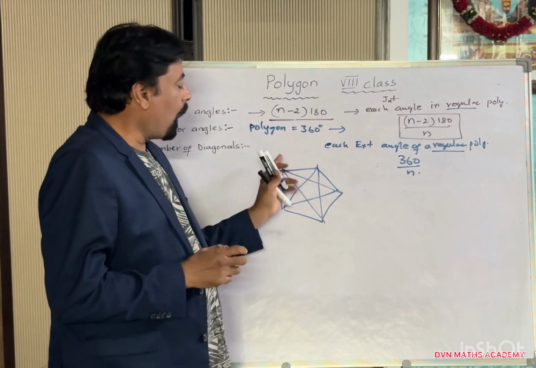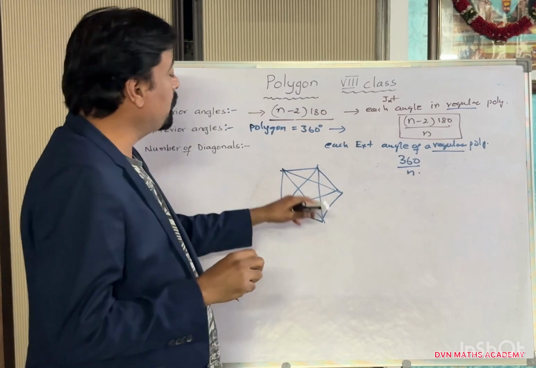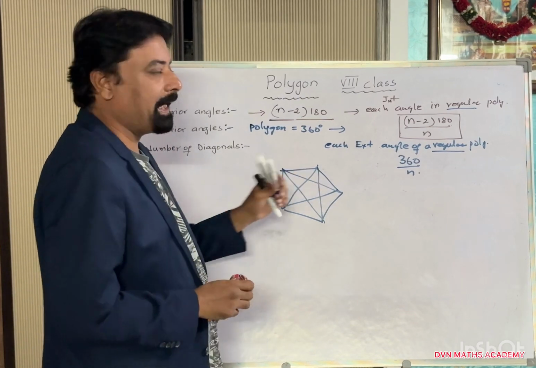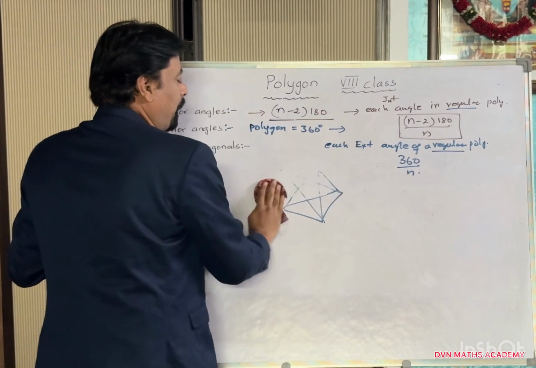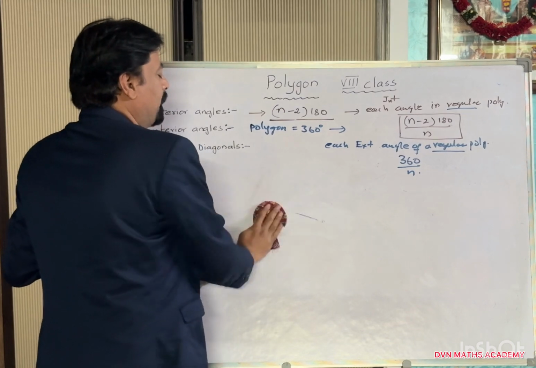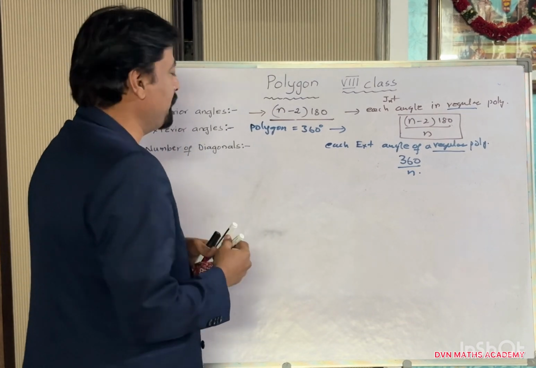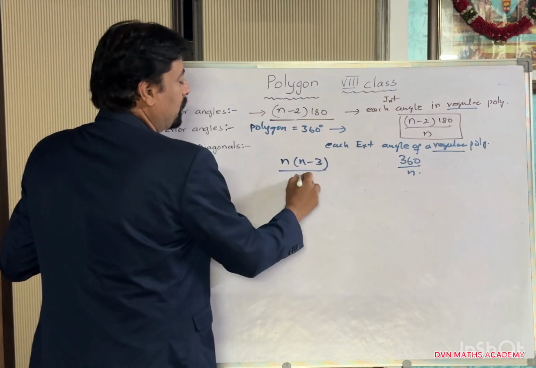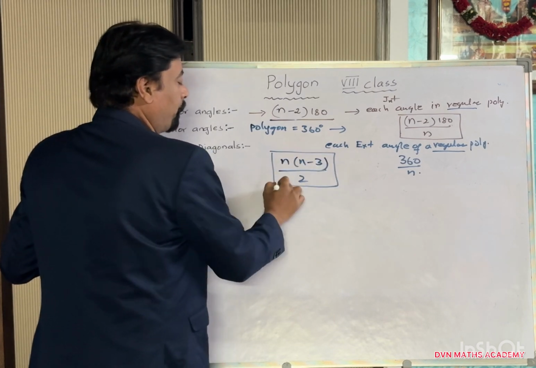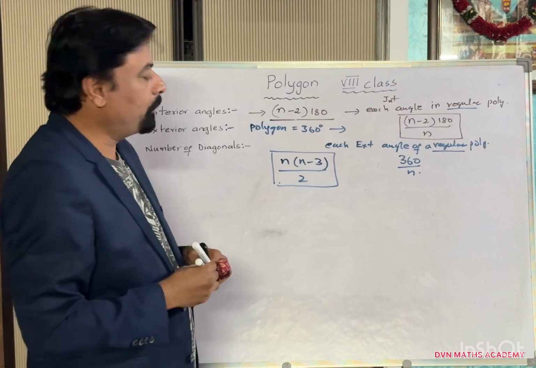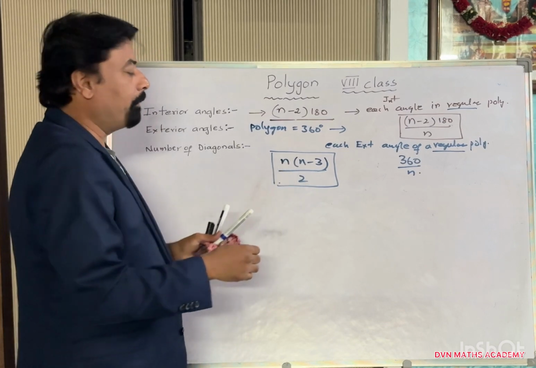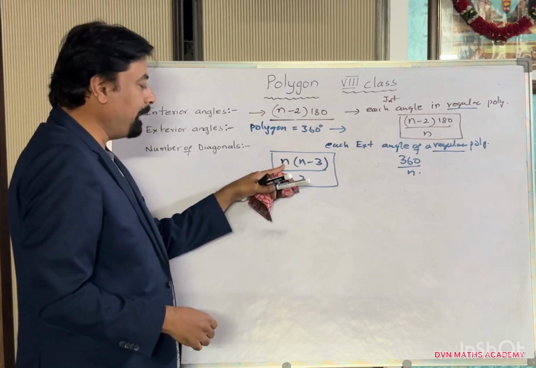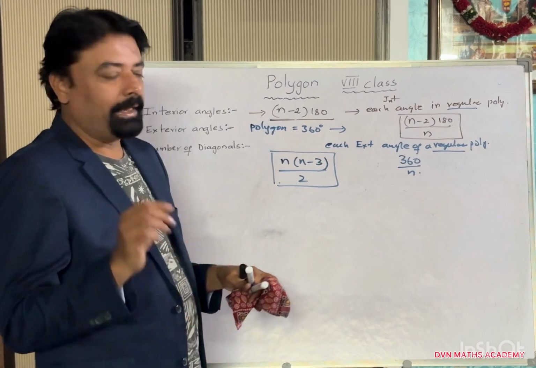So how do we find the number of diagonals without drawing, by seeing its number of sides? The formula to find the number of diagonals of a polygon, this is also a very interesting concept, is n into n minus 3 by 2, where n indicates the number of sides of a polygon.